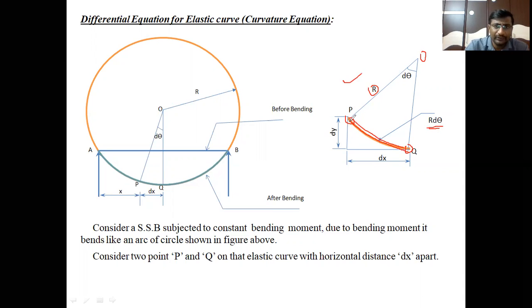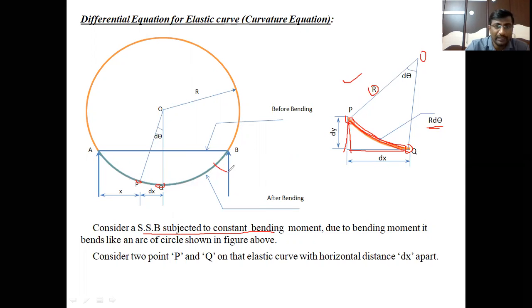The horizontal distance between P and Q is dx, and the deflection of Q with respect to P is dy. The deflection of Q is more than the deflection of P, so we take the deflection of Q with respect to P as dy. Consider a simply supported beam subjected to a constant bending moment.